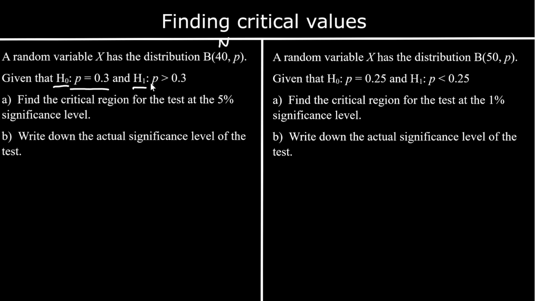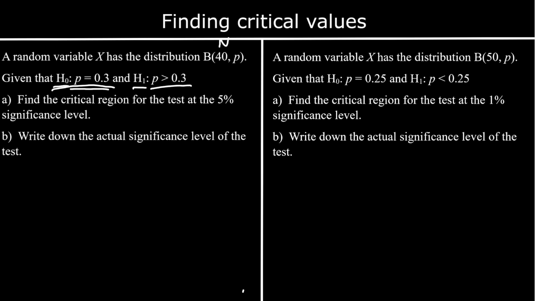The alternative hypothesis, H1, is that P is actually greater than 0.3. Find the critical region for a test at the 5% significance level. I'm going to use a calculator to find this. So we're going to look for the most extreme 5% of results if P is 0.3.